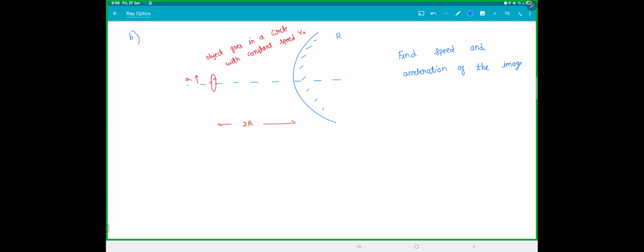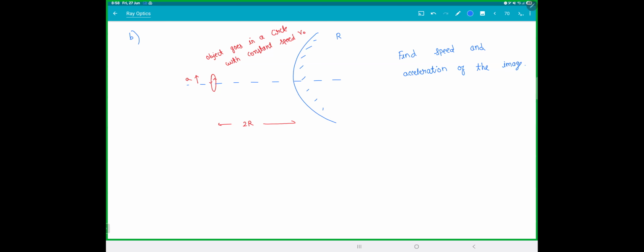Any answers? Let's see. V by 5, acceleration u square by 2, 9v, near.